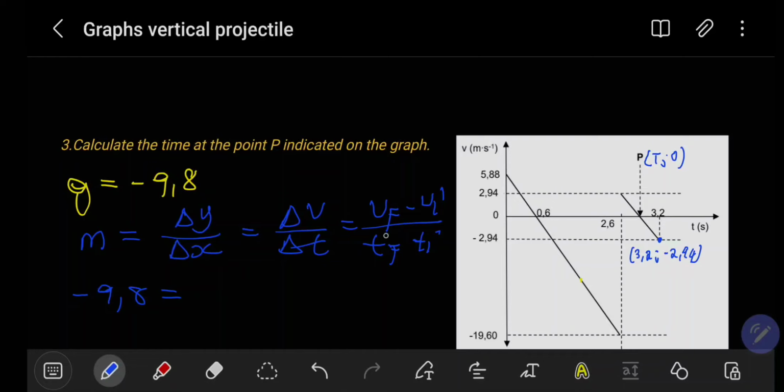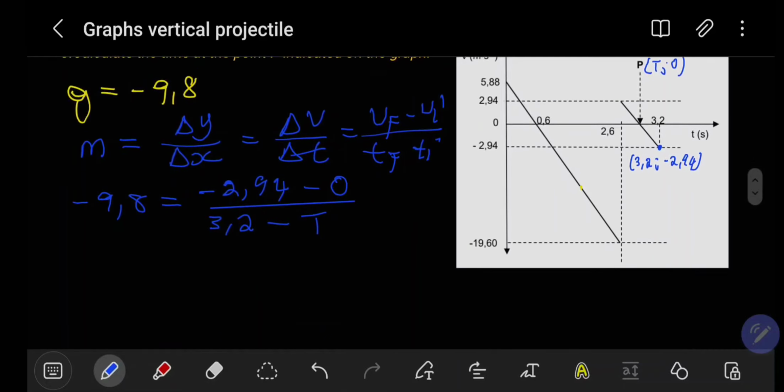In this case, we're going to put this point here, which is negative 2.94. Then we're going to subtract this y value here of P, which is 0, then all divided by 3.2 minus t.